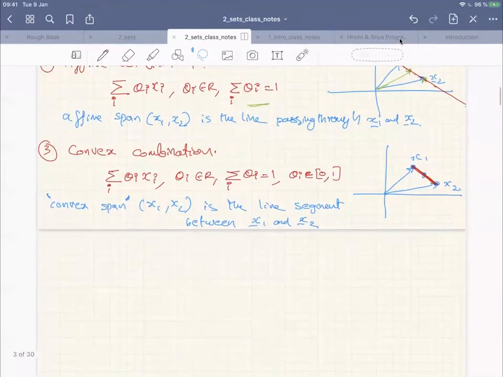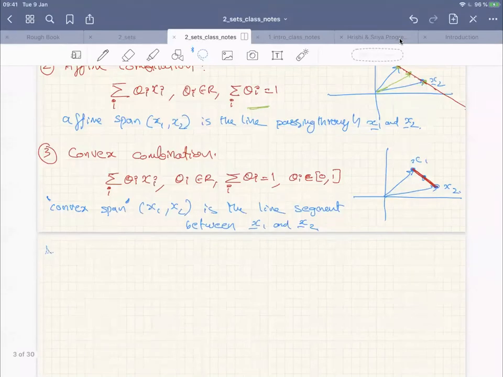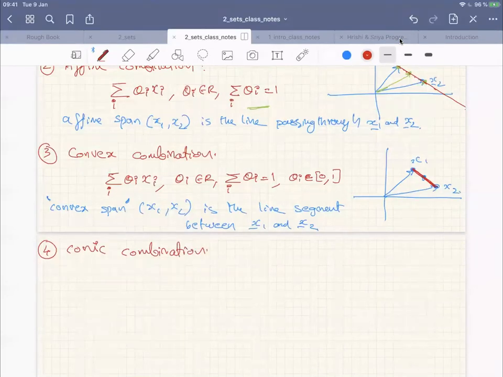There is a fourth category of combination, which is called a conic combination. Let's see what it is.